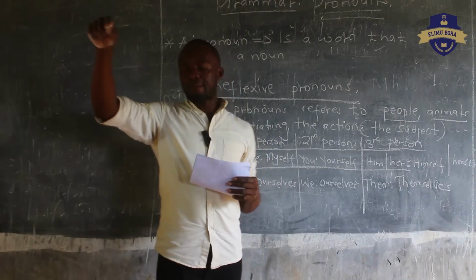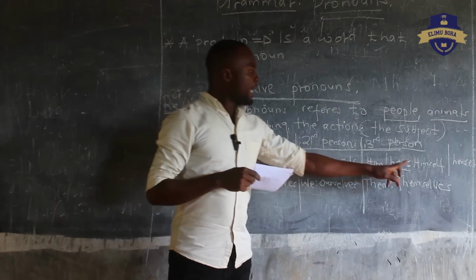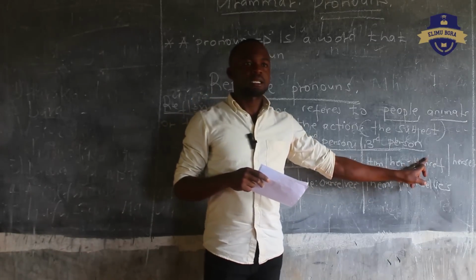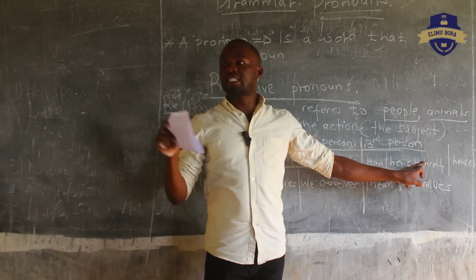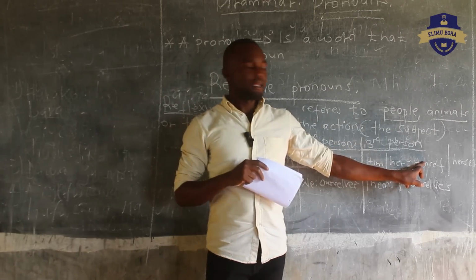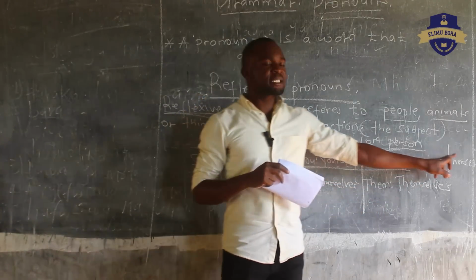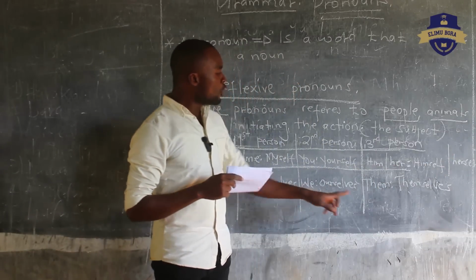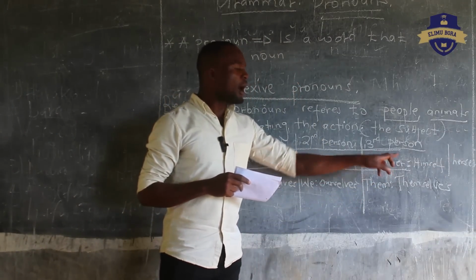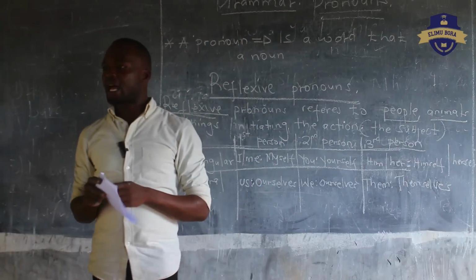She's a bit far. For him we use himself because it is a male. Then for her we use herself. Then when we go to the plural of him or her, we take it as a collective.